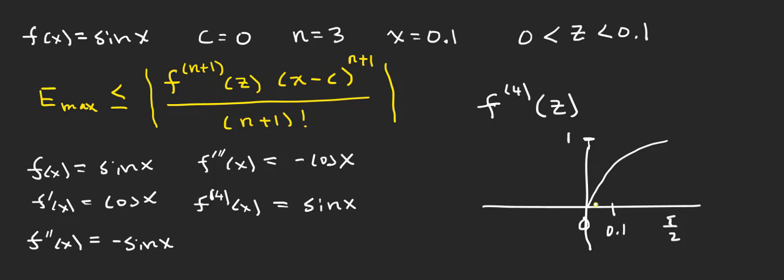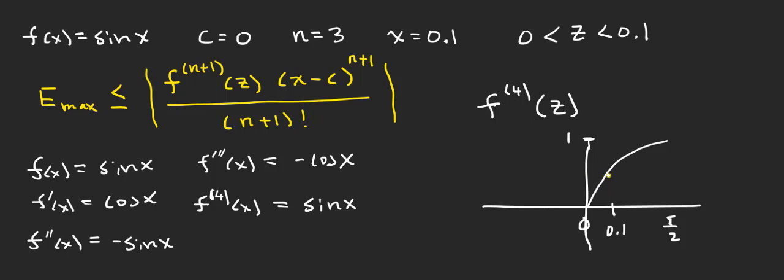By the way, whenever the function is increasing, the right-hand point will give you the maximum value. And if the function is decreasing, then the left-hand point will give you the maximum value. So in this case, since sine of x is an increasing function, the right-hand point, sine of 0.1, would give you the maximum value.